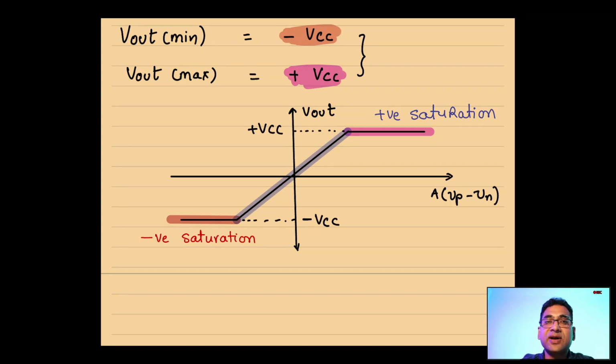And the region in between, all of this between the positive and negative saturation region, is called the linear region. Let me write it in a more convenient place, linear region. Everybody with me? So there are three regions of operation.